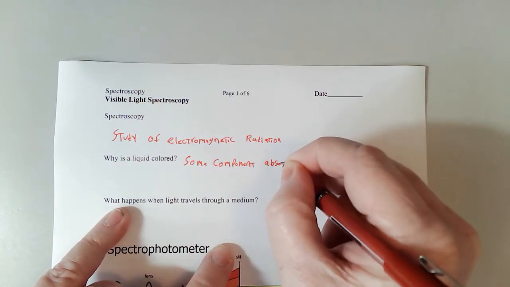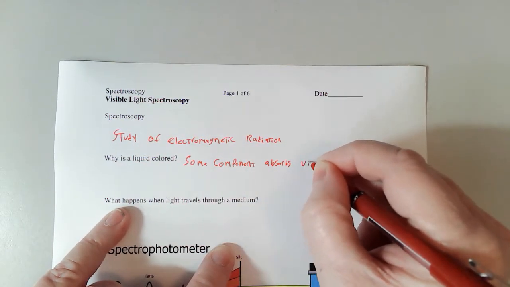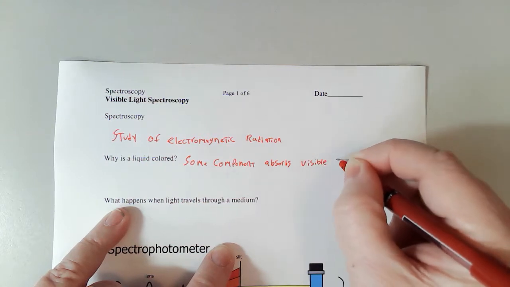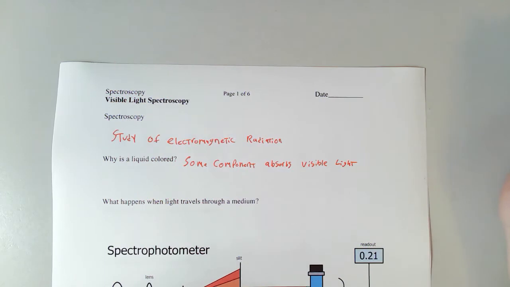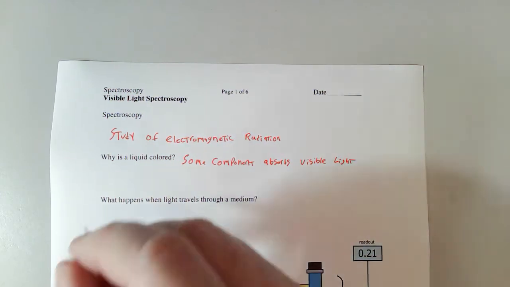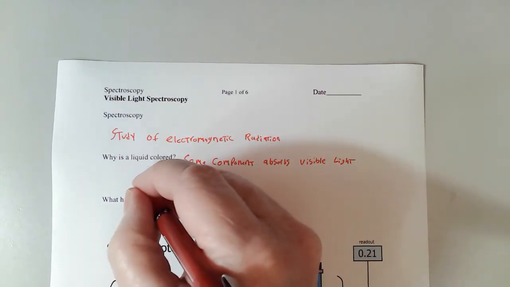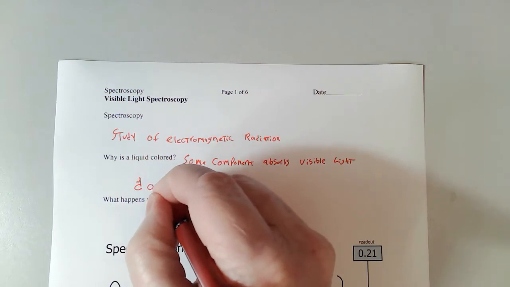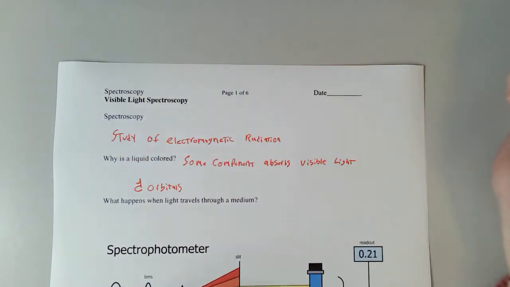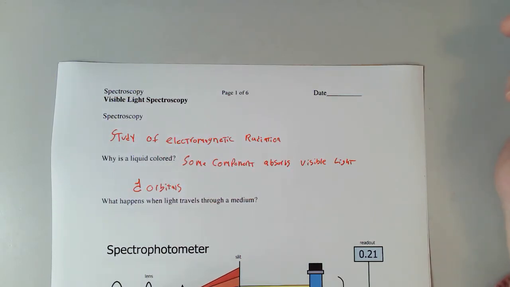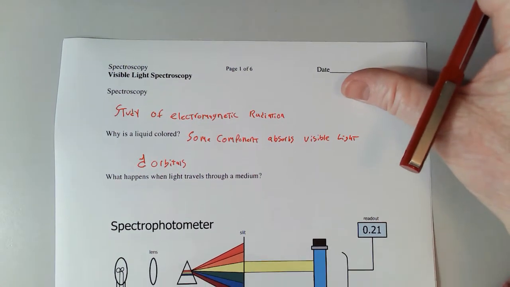Now, very often when we're talking about the colors of solutions, what we are dealing with is electron transitions in the d orbitals. So there has to be space in the d orbitals for the electrons to jump around in. And that's going to be a major theme of a lab that we do this coming weekend.